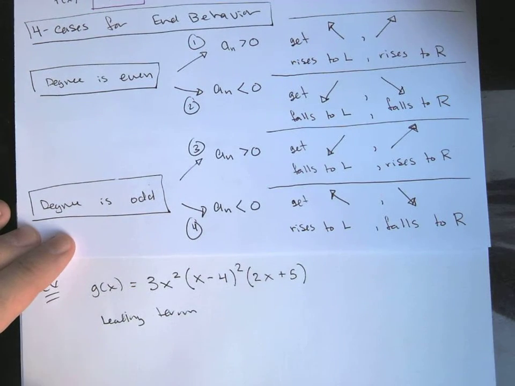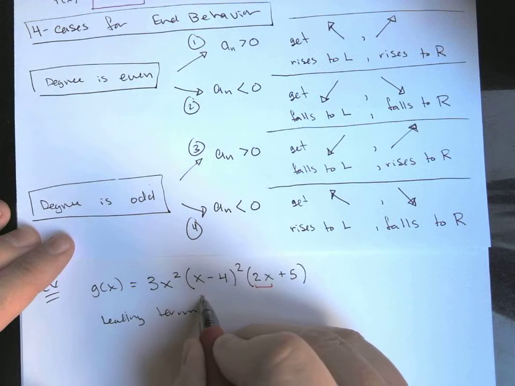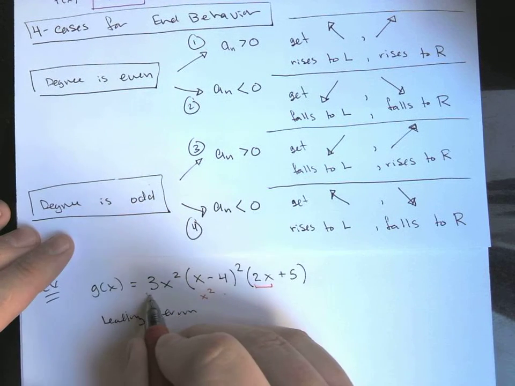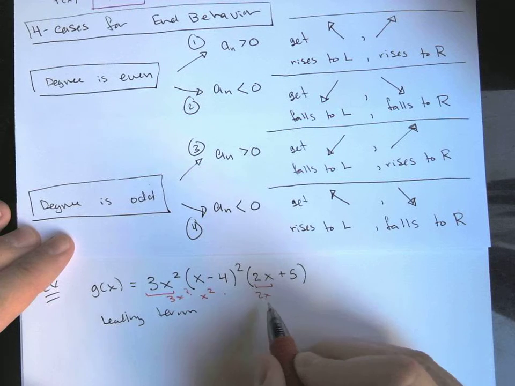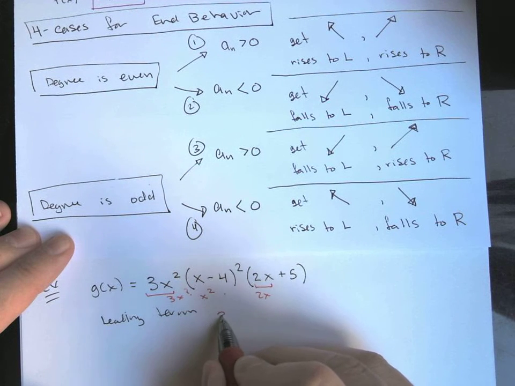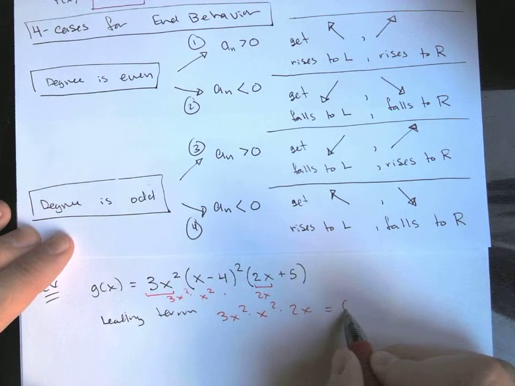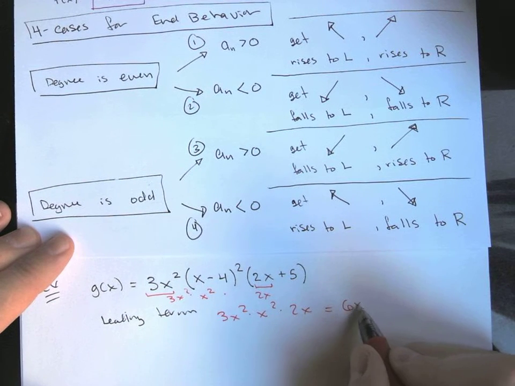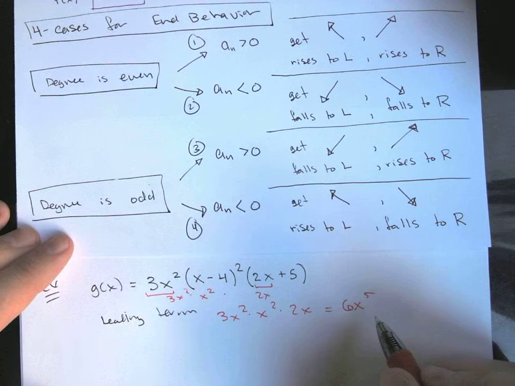I'm going to get that by expanding this out partially. I'm going to take 2x, I'm going to take x^2, and I'm going to take 3x^2. So my leading term is 3x^2 times x^2 times 2x, which is positive 6x^5. That's my leading term.